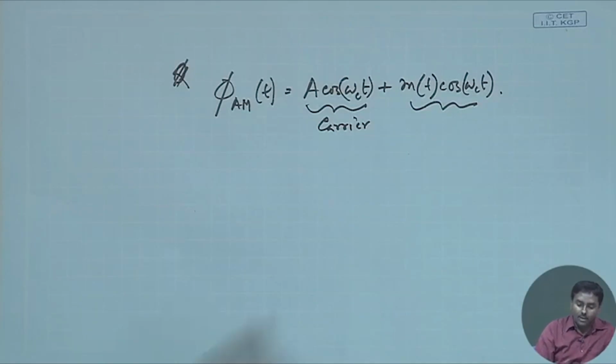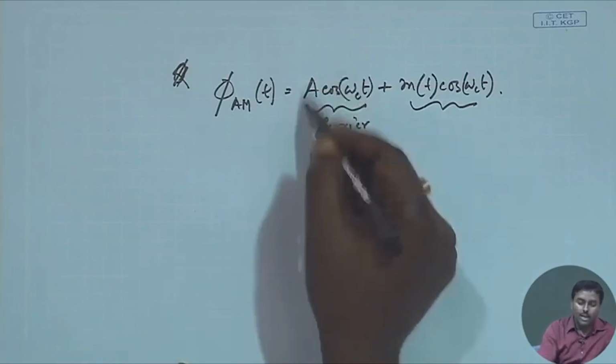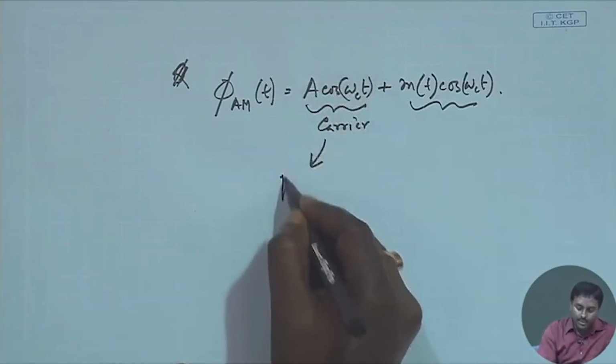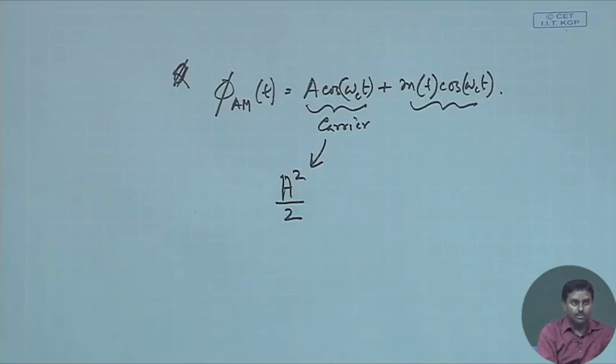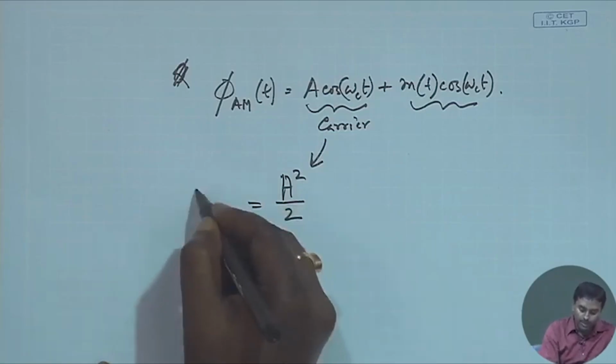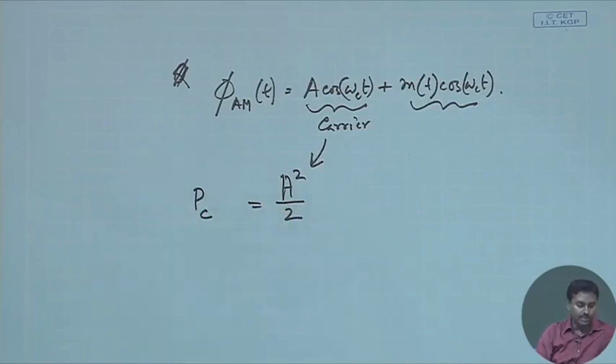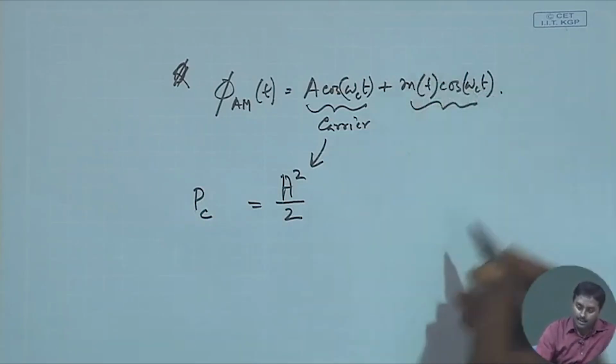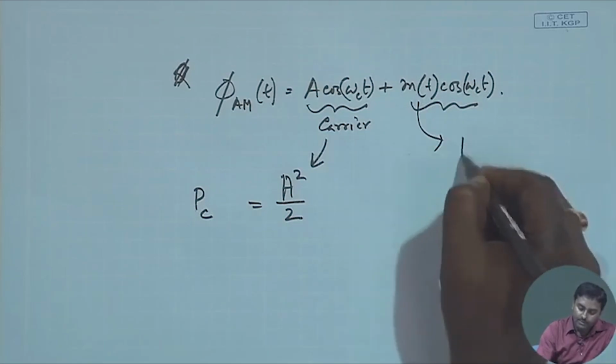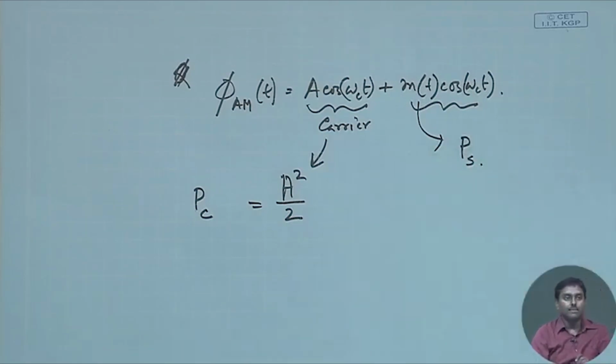Okay. So, what is the power of this one? I am trying to calculate the power of this one. I know it is a cosinusoidal, so it should be A squared divided by 2, if you just evaluate the power of that. So, this is P carrier, P_C I call it. And what is the power of the signal? Suppose m(t) has a power P_S, that is something I know already.